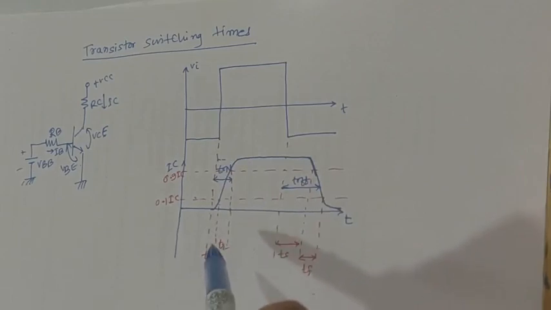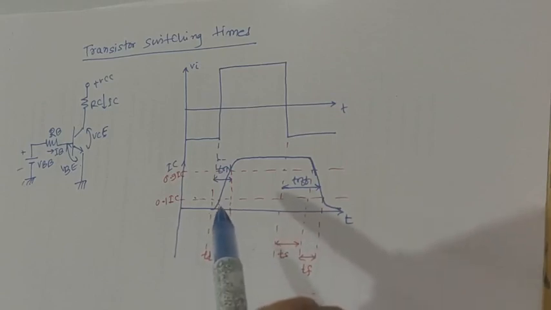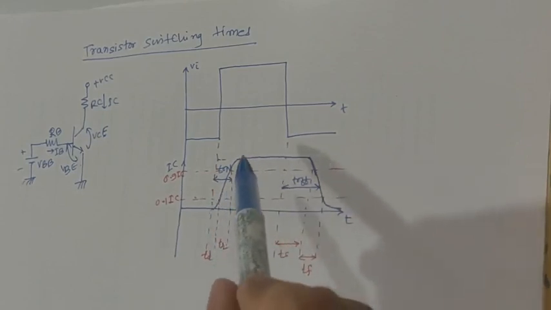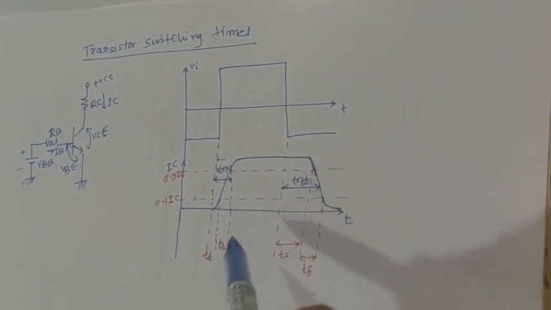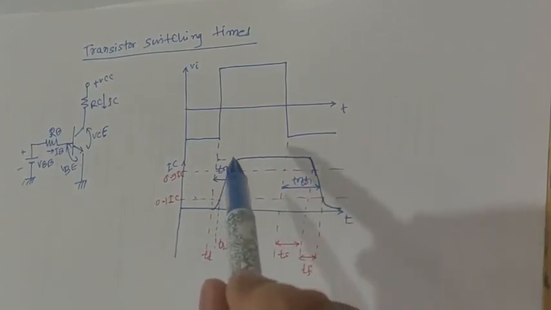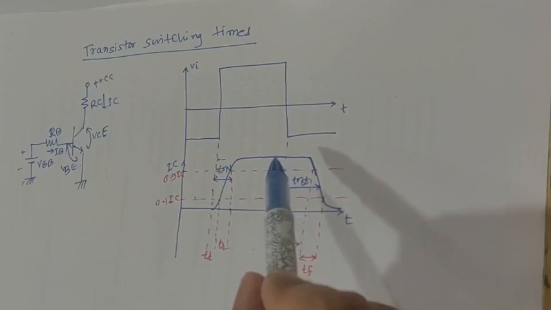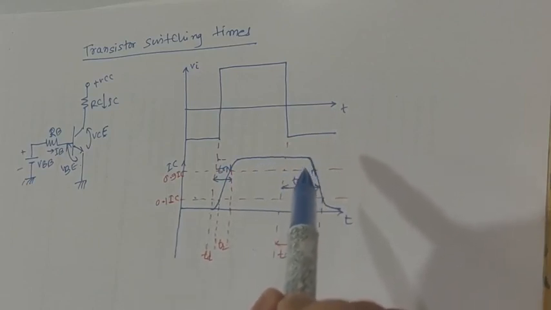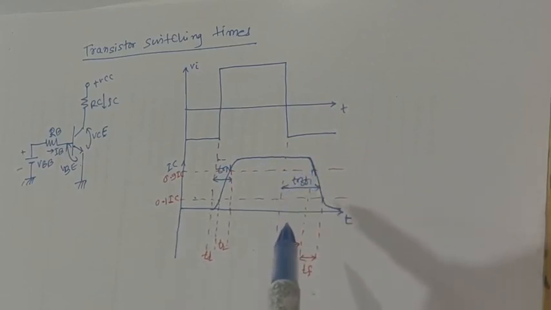If I consider both these times, the delay time and the rise time, the circuit has now reached its maximum collector current value, or 90% of the value. If I add these two times, I get the turn on time. So the transistor is fully on now, acting as an on switch. Now let us talk about the next two values.